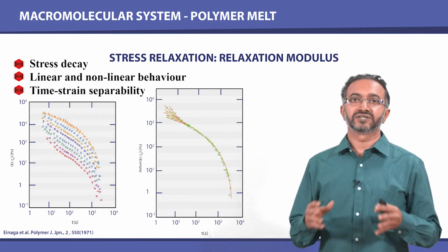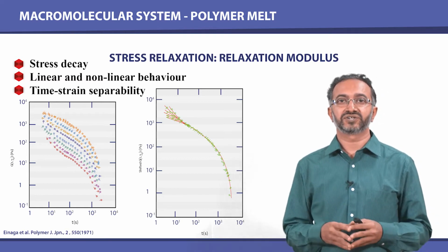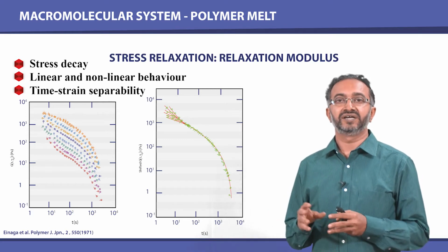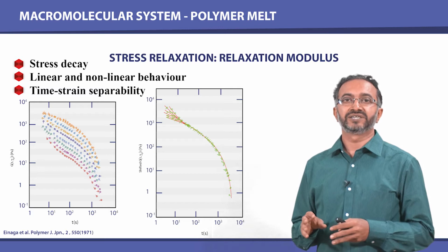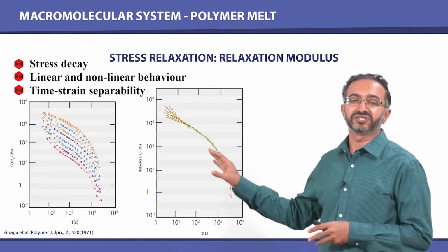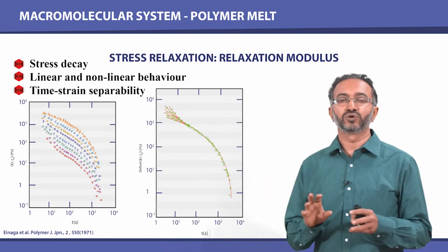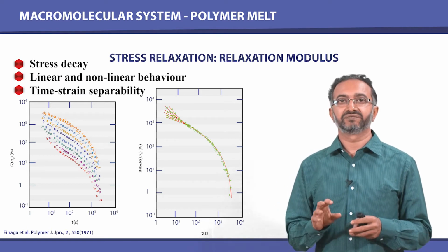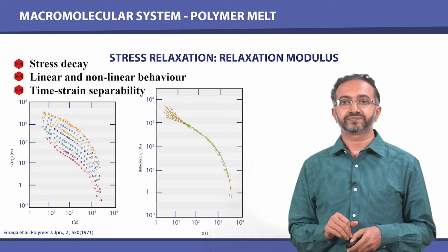So, the overall stress relaxation, which is a function of time and strain, can be separated into two functions, and at very low strains basically the damping function H goes to unity, or goes to 1, and therefore, we have the linear response which is signified by G of t.